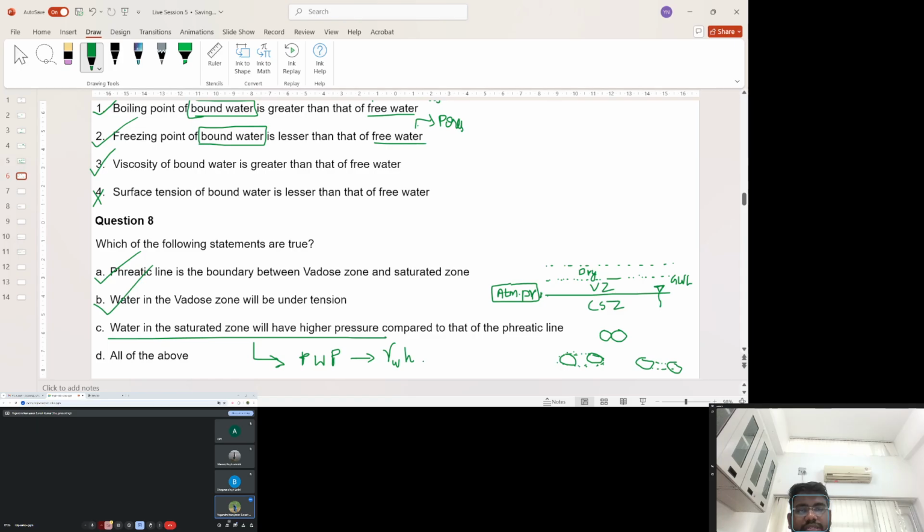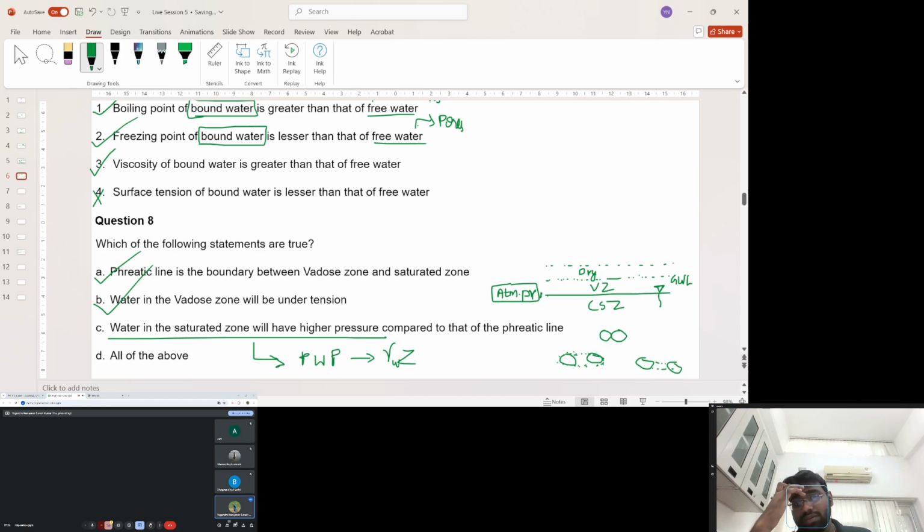Since the depth increases, H will not be the right term. It will be Z, where Z is depth. Now as depth increases, pressure is also increasing.